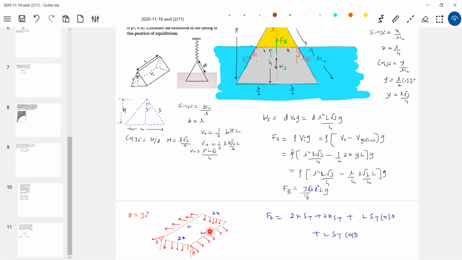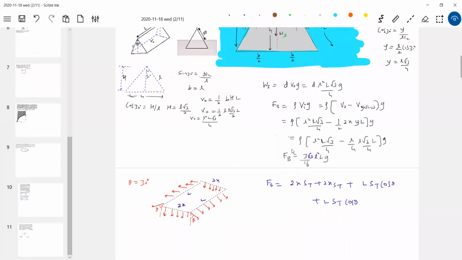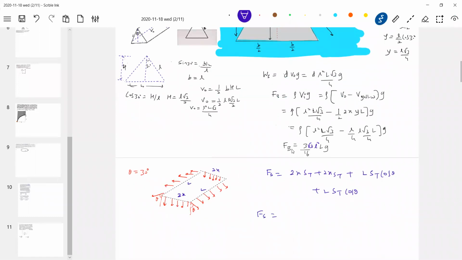This is the edge length. What is the edge length? Edge length should be L. There's no other way. Either you imagine or draw the diagram. I'm making things clear. So now the force due to surface tension should be equal to 4x ST plus 2L ST cos theta. What is cos theta? 30 degrees.